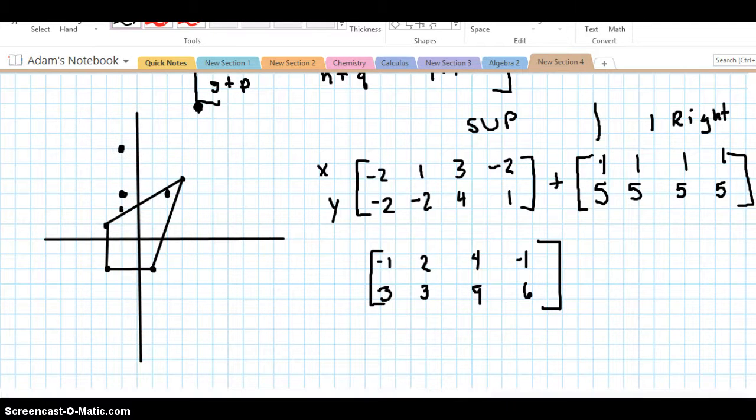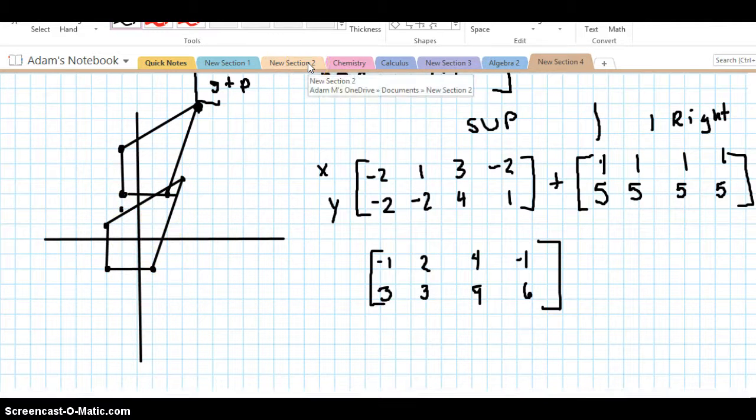So you can see if I connect those dots, I now have a quadrilateral that has been shifted up 5 units and also to the right 1 unit. And actually, I think one of my points might be wrong there. Let me double check this. No, I think it's right. It was a little optical illusion there. So if you notice, every point is shifted to the right and every point is shifted up 5.